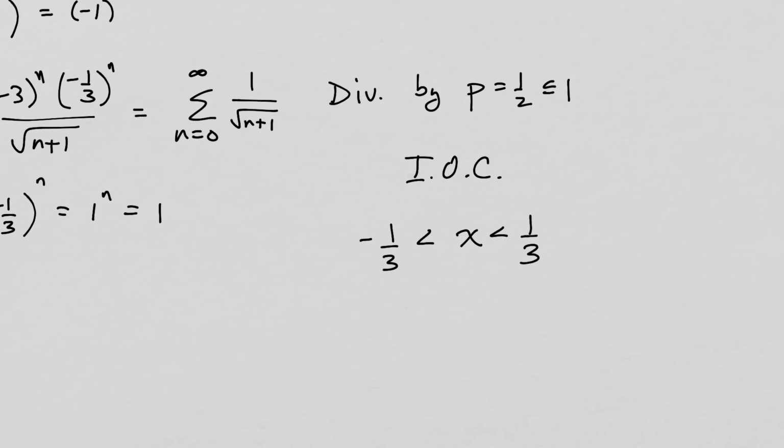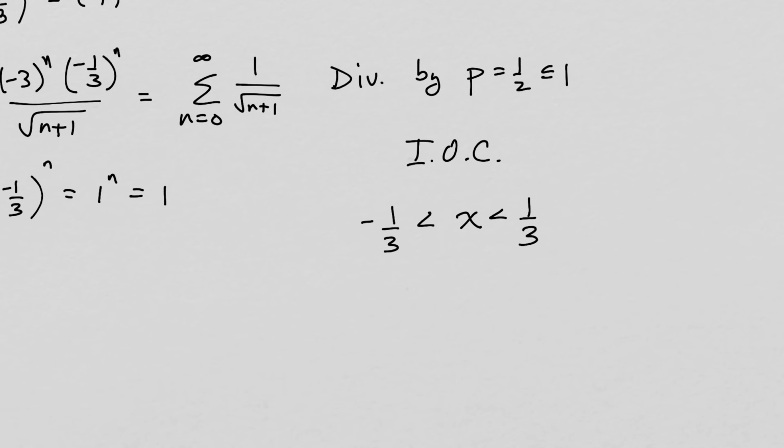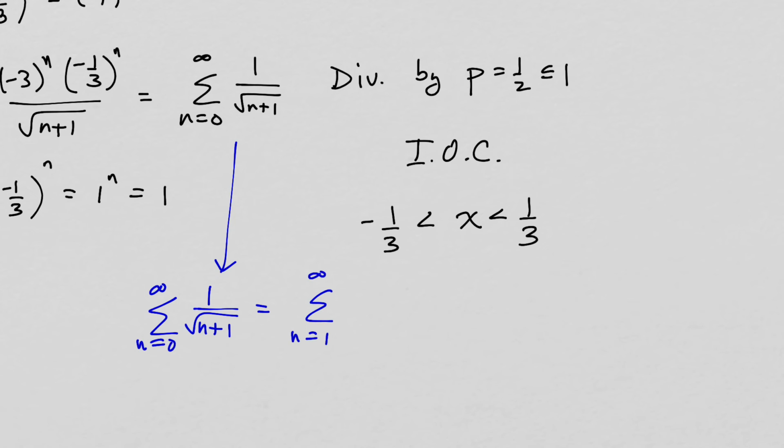Now, I know you may not identify this as a p series, so let's just talk about this very quickly. When you have the sum n equals 0 to infinity, you can change the index to start at 1 if you wish. Okay, so it used to start at 0. If I want to start it at 1, what I have to do is reduce this by 1. So instead of 1 over the square root of n plus 1, it would just be 1 over the square root of n.